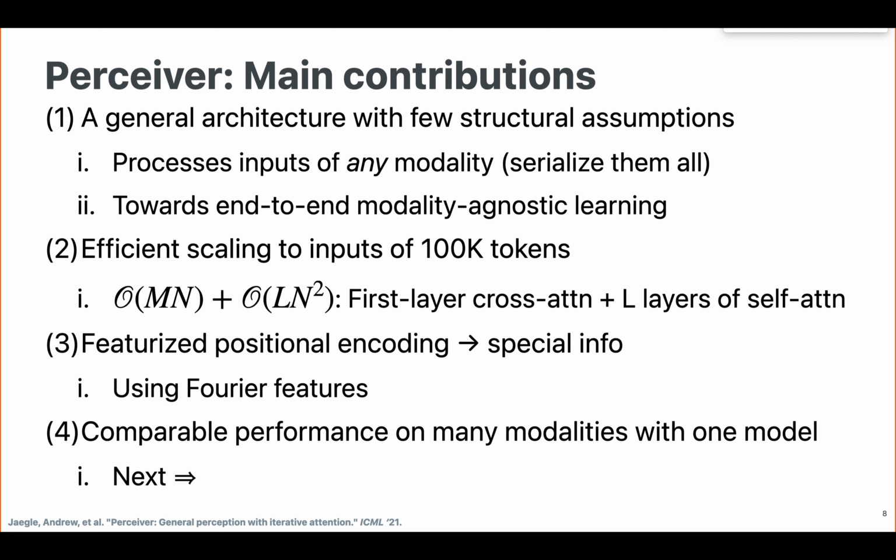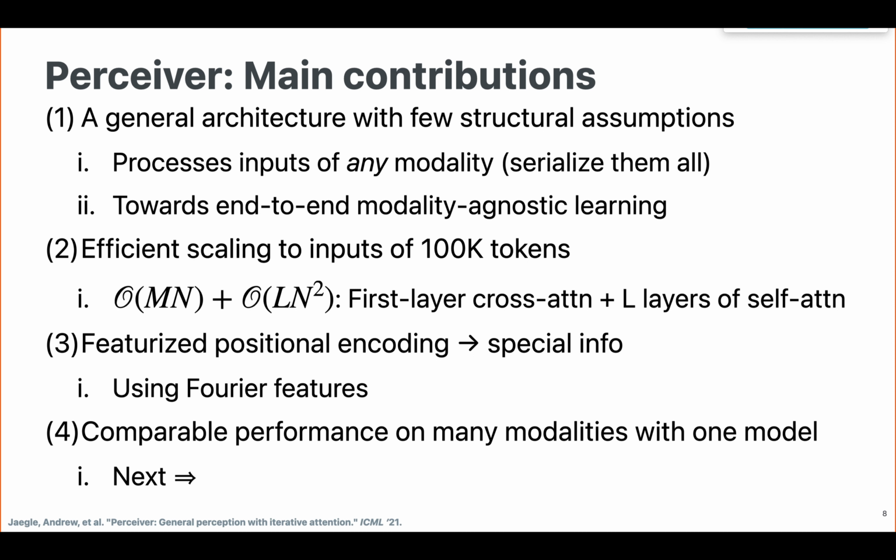So the main contribution is a general architecture where we impose few structural assumptions on the input, while we still enable very long sequences because we can just serialize all of them. It's really meant to build an end-to-end, modality-agnostic learning model.